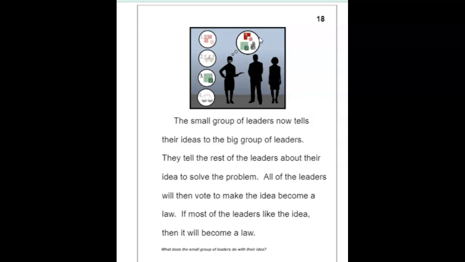My question for this page is, what does the small group of leaders do with their idea? The small group of leaders now tells their idea to the big group of leaders. They tell the rest of the leaders about the idea to the problem.